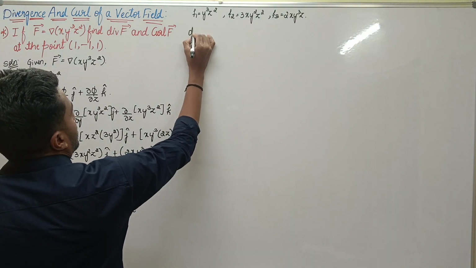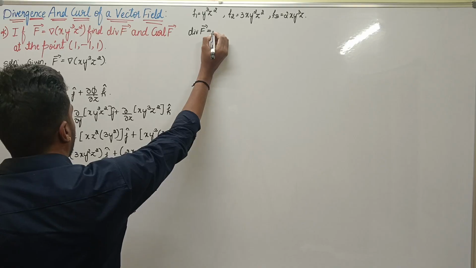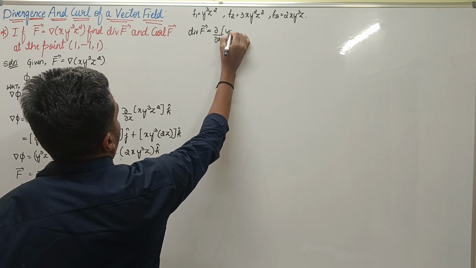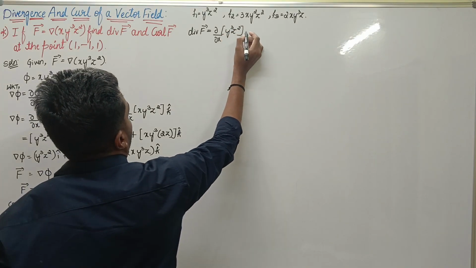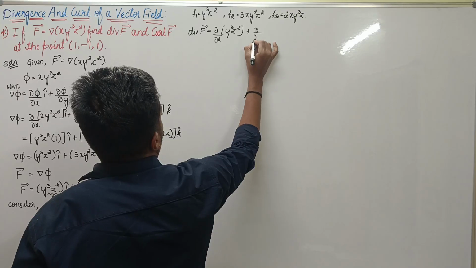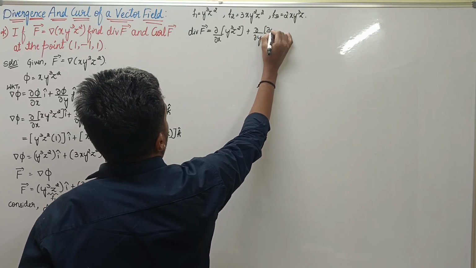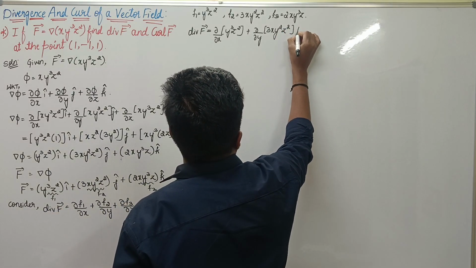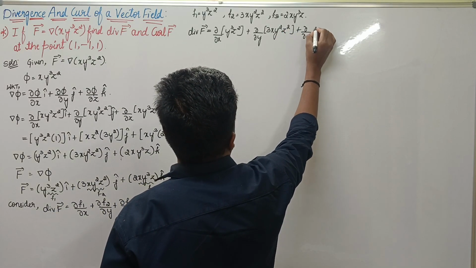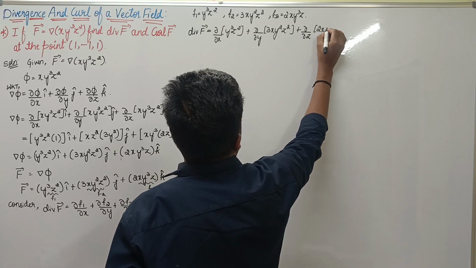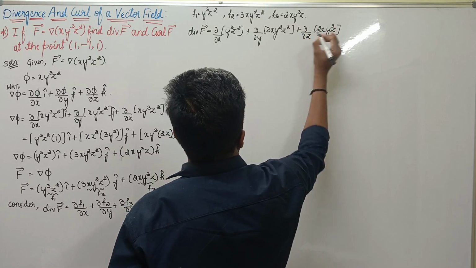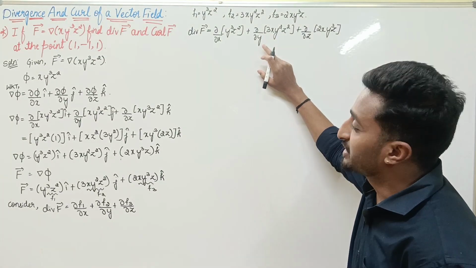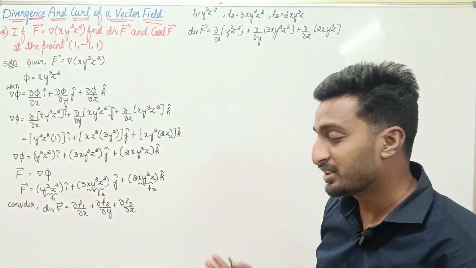Divergence of f is equal to dou by dou x of f1, which is y cube z square, plus dou by dou y of f2, which is 3x y square z square, plus dou by dou z of f3, which is 2x y cube z. Now differentiate f1 with respect to x, f2 with respect to y, f3 with respect to z. Simple.